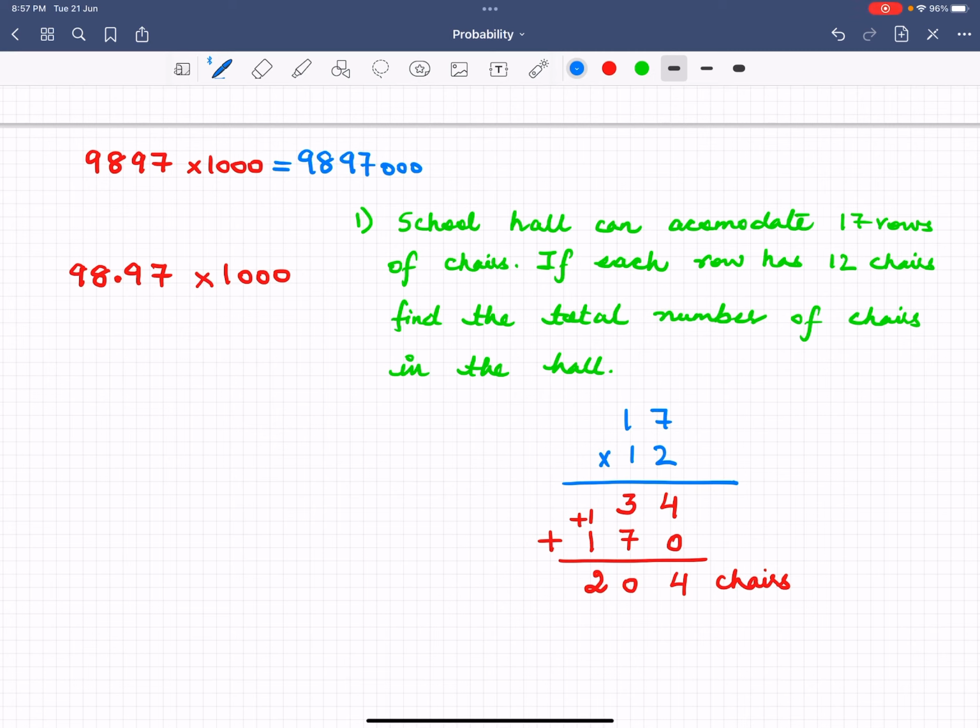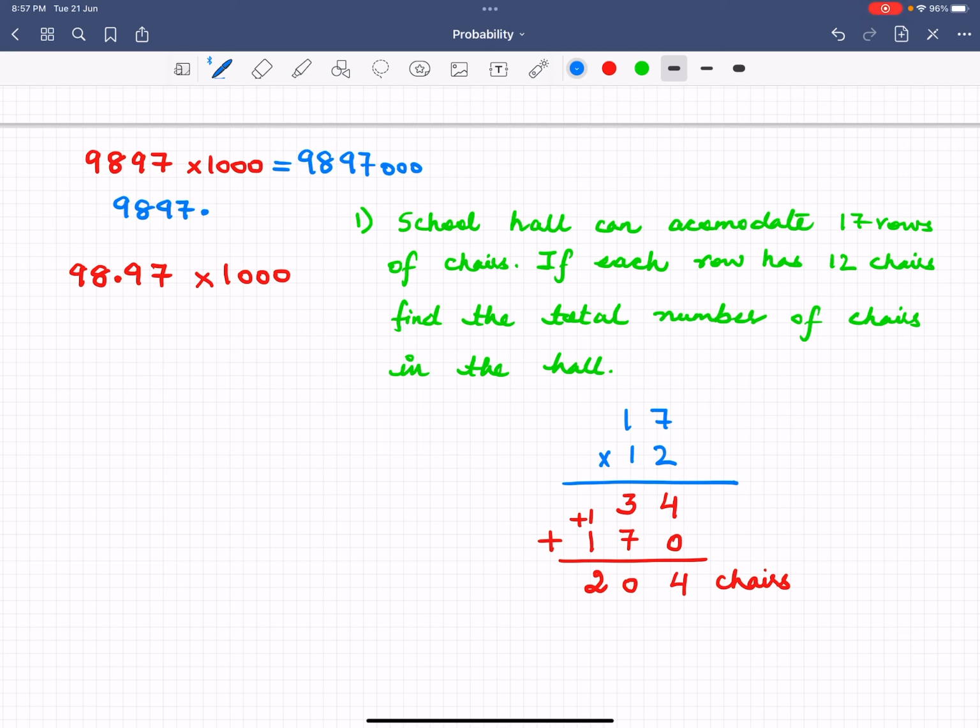But now we have a decimal. So when we have a decimal, the decimal jumps to the right when we multiply with a multiple of 10. In fact, in the earlier case also we have a decimal, but it is to the right of the number. So even in the first case, which is 9897 into 1000, we actually have 9897 and the decimal is here.